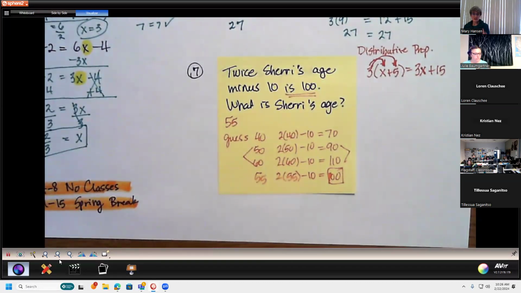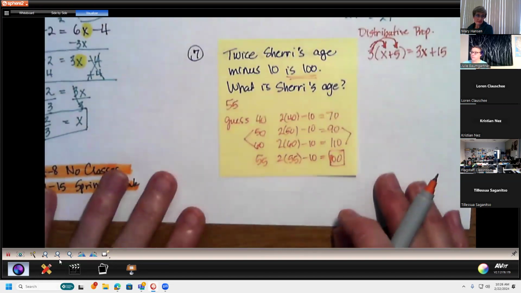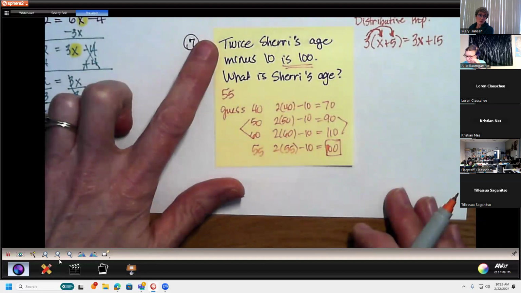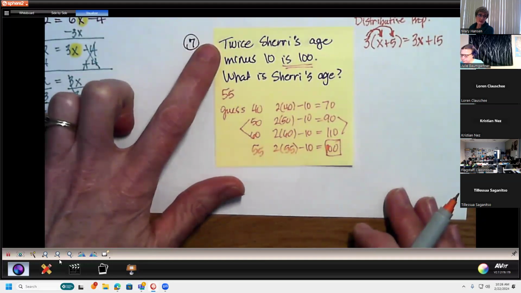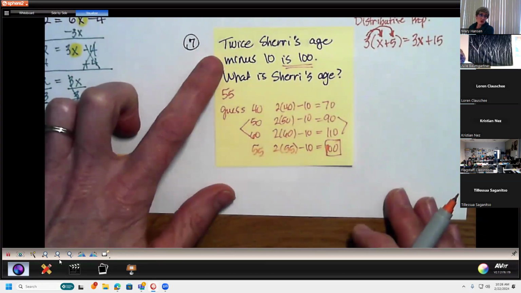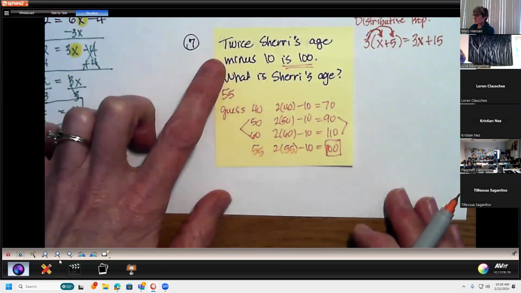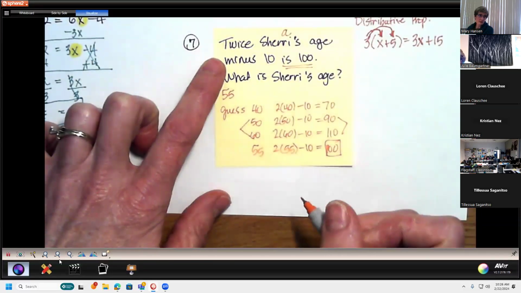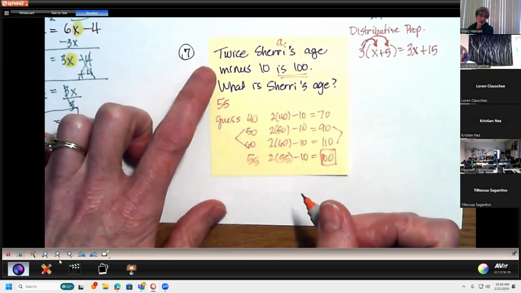Okay. So that is a strategy for solving a problem like this. You can simply guess and check until you find the right answer. Okay. Algebraically, we've worked a little bit with changing words into equations. So twice Sherry's age, which we don't know Sherry's age, do we? So we're going to put a variable like A for her age.